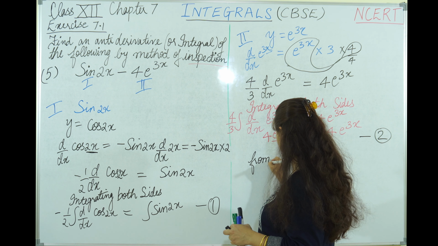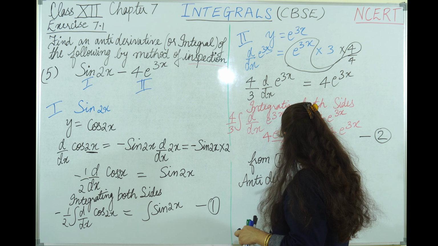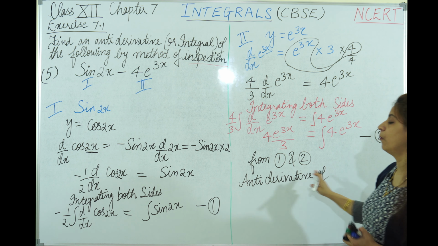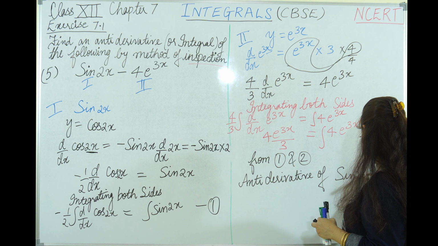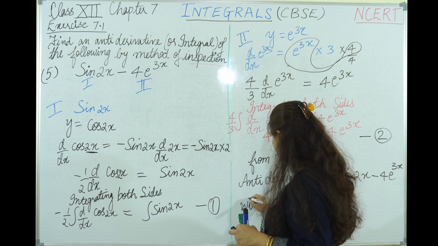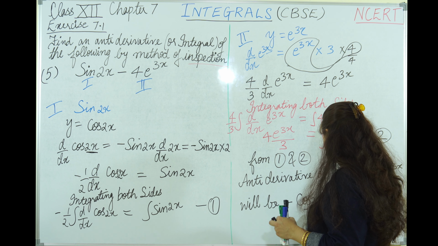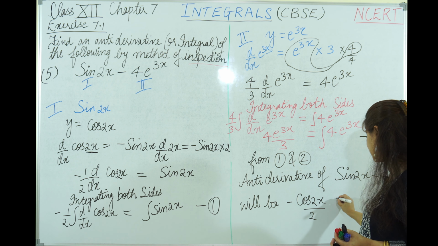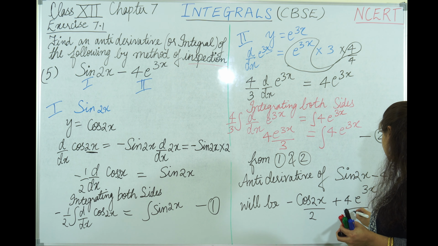Combining both, 1 and 2, the antiderivative of the whole expression sine 2x minus 4e to the power 3x will be minus cos 2x upon 2 plus 4e to the power 3x upon 3. So the antiderivative of sine 2x minus 4e to the power 3x is minus cos 2x upon 2 plus 4e to the power 3x upon 3.